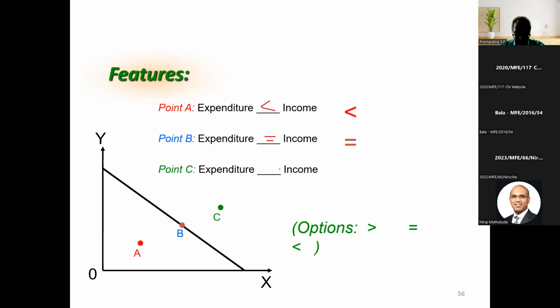C, not enough income, expenditure greater than income. If someone, like I explained before, tries to reach this point, you need credit and loans, and that happened. As a country also, we can see Sri Lanka tried to reach like that, without enough income. So at the end, you can see that as a country, we are already in a suicide situation like that.